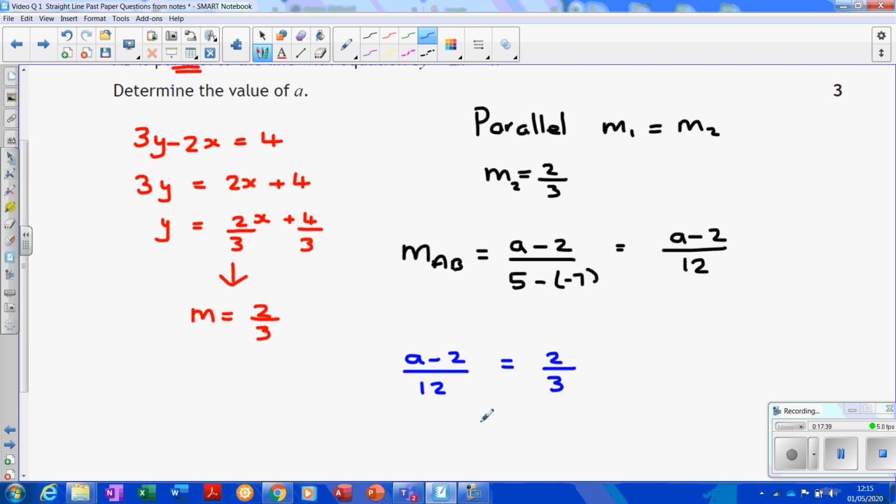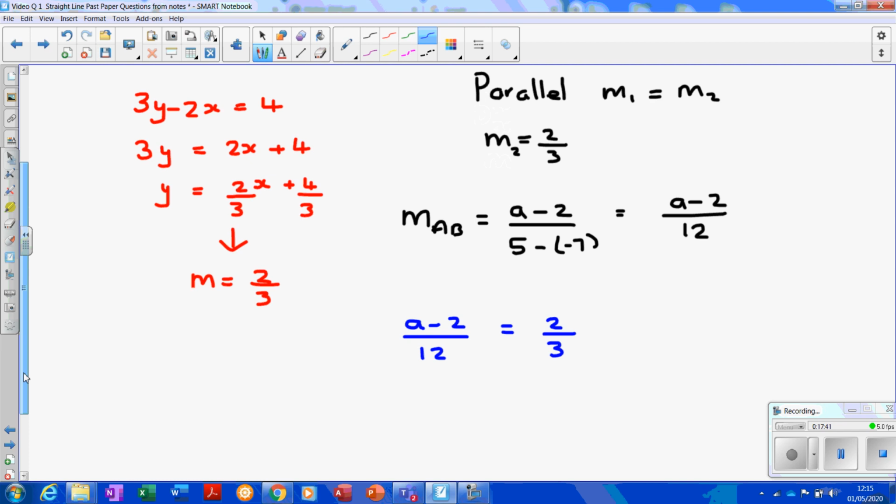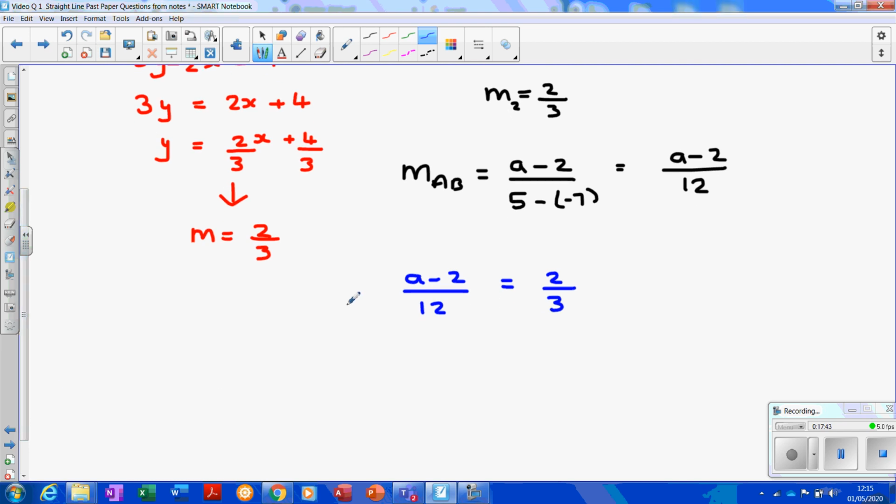There are two ways you can do this, and I'm going to do it both ways and you decide which is best for you. If I've got a minus 2 divided by 12, and that's equal to 2/3, if I want to make that 2/3 out of 12, then I can compare. So if I multiply that by 4, I multiply that by 4, 4 2s are 8, and that's over 12.